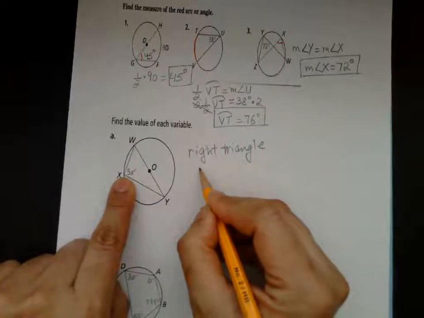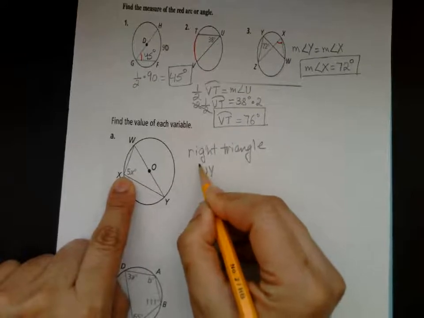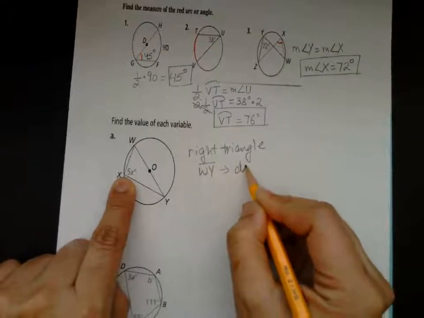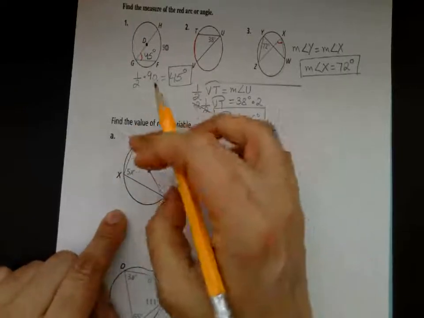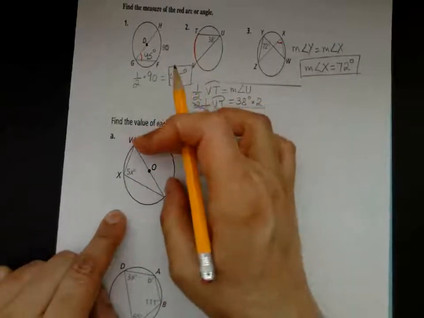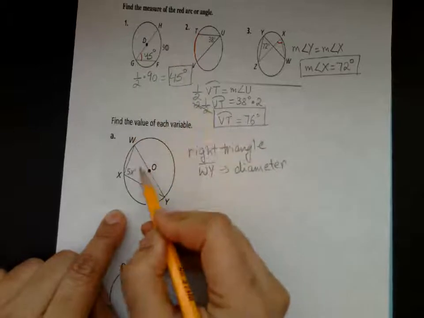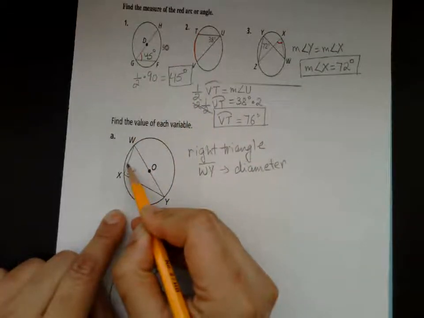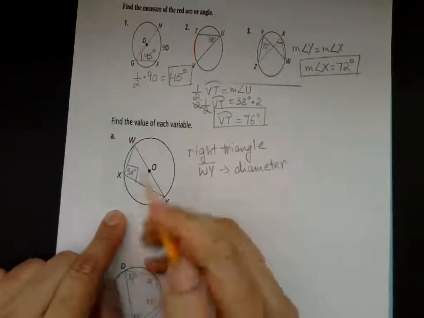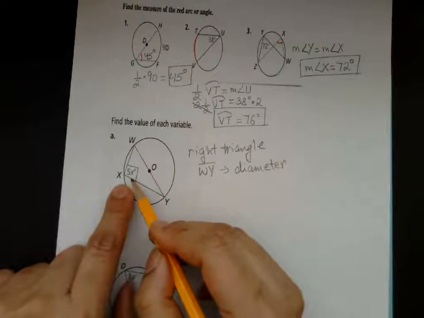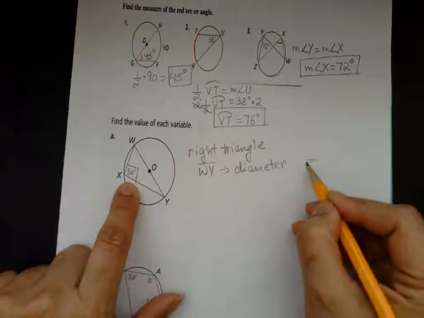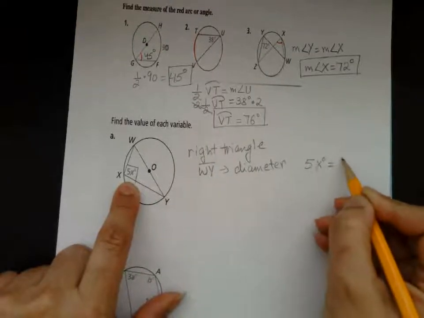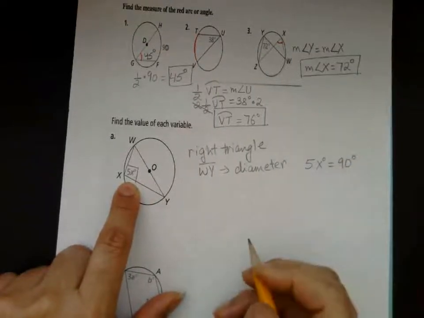WY is your diameter, and because it is a right triangle, this is nothing but the hypotenuse. The angle opposite to the hypotenuse is always 90 degrees. Because it is opposite to the hypotenuse and it is 90 degrees, I can equate 5x degrees is equal to 90 degrees.